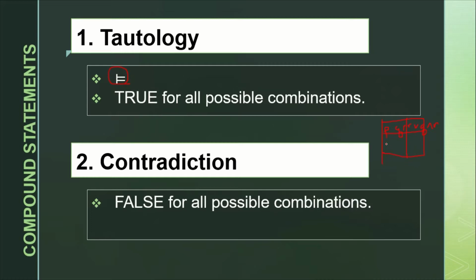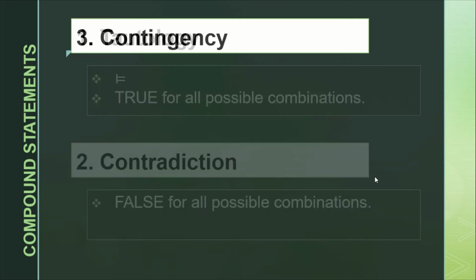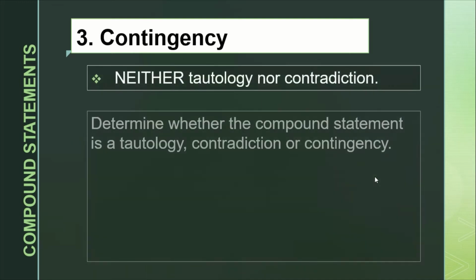If we have 3 variables p, q, r, that means we will have 8 possible combinations. If for those combinations the result is always true, then that is tautology. However, if for each combination the result is always false, then that is contradiction. If it is not tautology nor contradiction, then that is contingency.